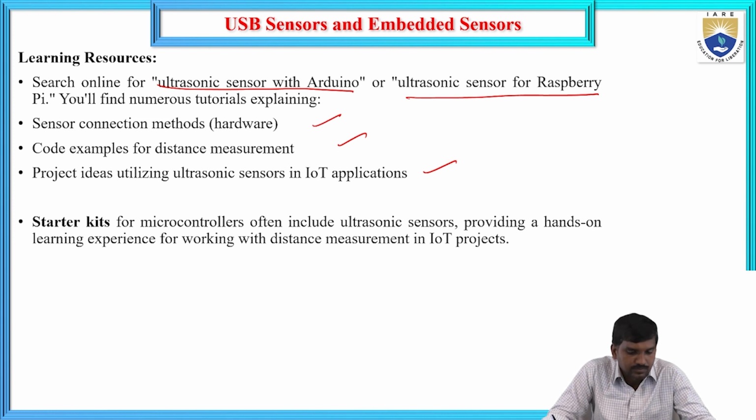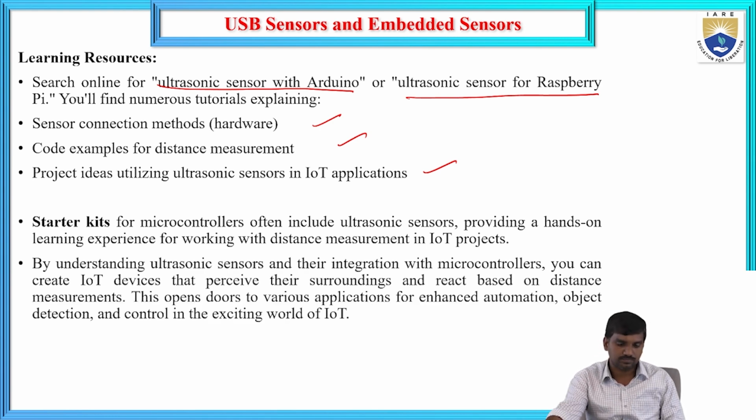These are some learning resources, with the help of ChatGPT and the like. Standard kits for microcontrollers often include an ultrasonic sensor, providing a hands-on learning experience for working with distance measurement in IoT. These are the learning resources.